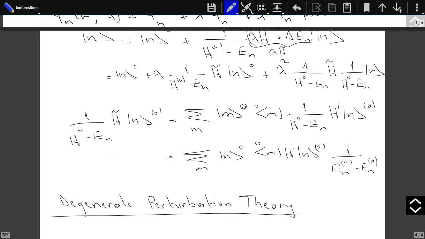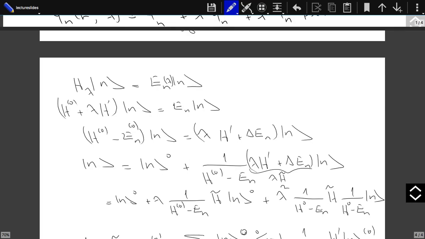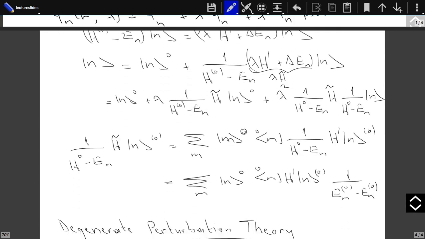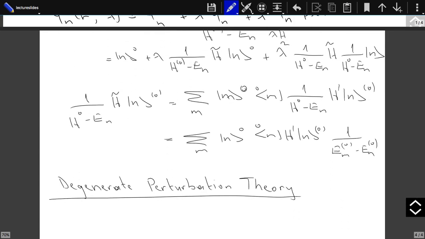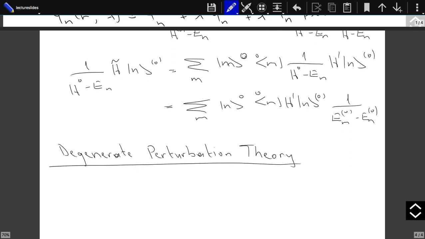Well, here I had made a mistake: I have to separate this En also as En0 plus the correction here. Now let's see what we are actually doing.